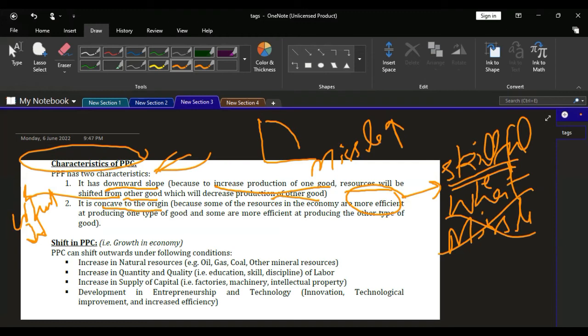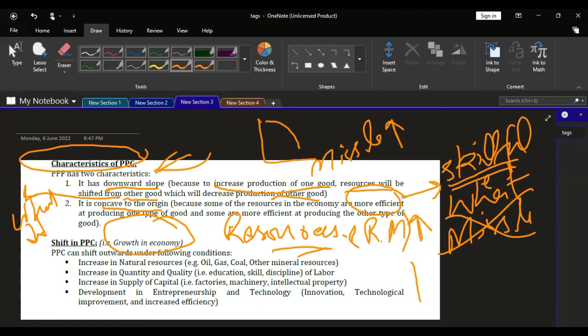There is also growth in the economy when the resources, or the available quantity of raw material you have in your godown, increases. Then this curve shifts from one point to another higher-level point where the quantity of both goods increases. It happens due to the following reasons: first, an increase in natural resources.